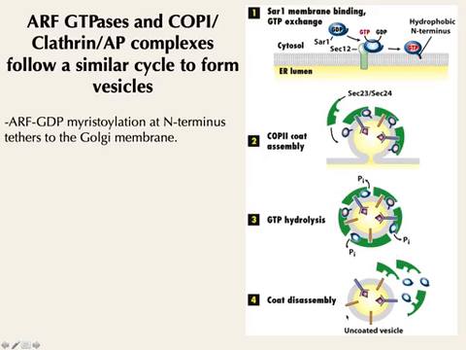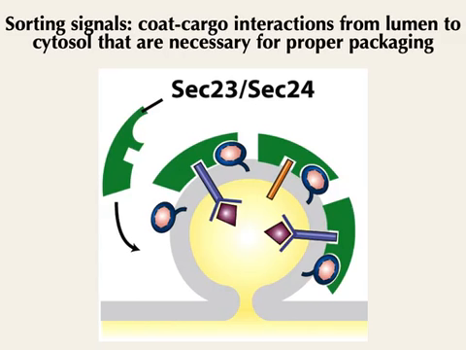The coat disassembles. Now you have an uncoated vesicle. If you look back at that first image, you can look carefully and you'll see the vesicles close to the ER have this electron dense material around them, and further away they don't. So they are ready for fusion.